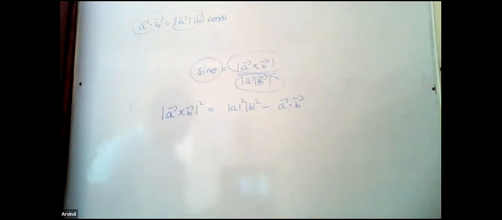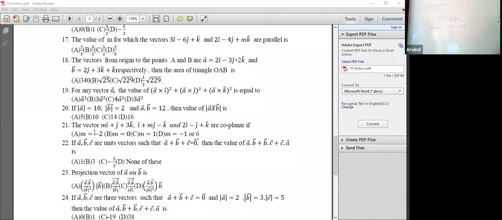So let me share the question. Use the formula that I've given. This mod a cross b is simply the mod of a cross b, you will get it. So a square b square.